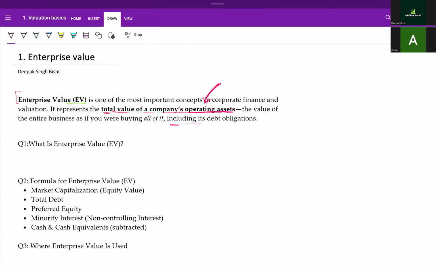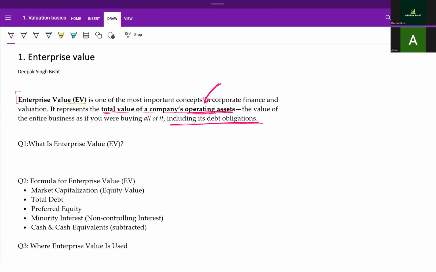And this is also important, all the debt obligations. If you're buying something, you're buying it whole, not in parts. So it includes all operating assets and the debt obligations, and of course it also includes the non-operating assets. But I am emphasizing these two things.